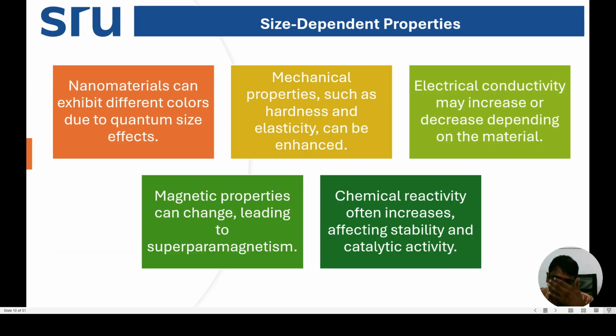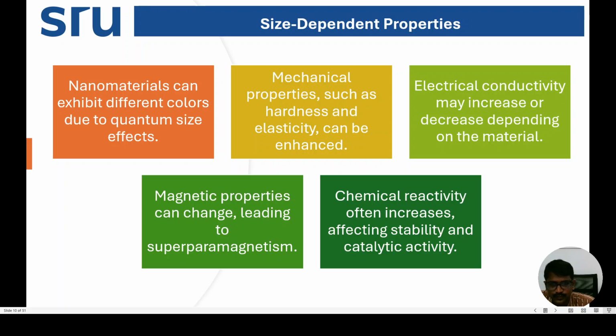Once the conductivity is enhanced, we can use it for many applications, because the resistivity is less, resistance will decrease, so automatically conductivity will increase. So to achieve higher electrical conductivity, we can use these nanomaterials.